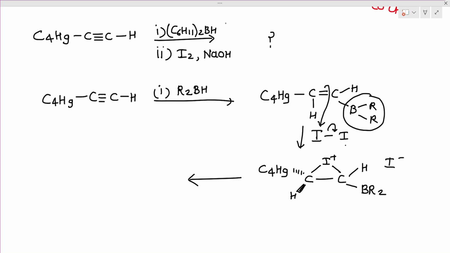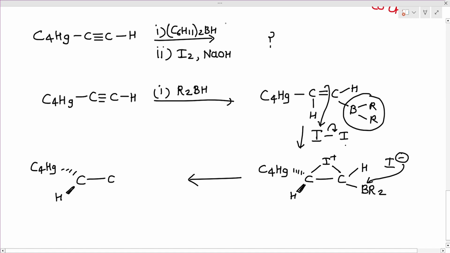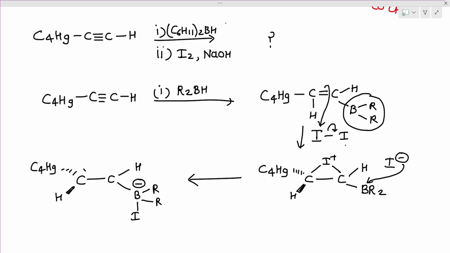This I minus has electron density, and this electron density can attack the vacant p orbital of boron, so that a new bond will be formed. This is R, this is R and this is I. When a new bond is formed, see here, on this boron now there are 4 bonds, so this will have a negative charge.